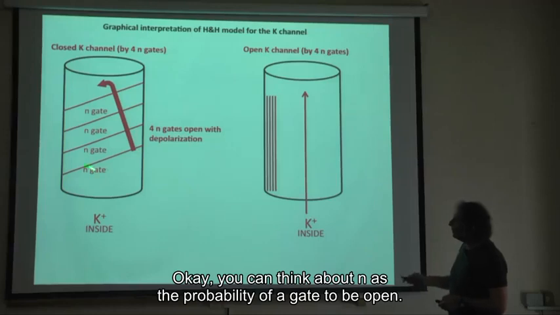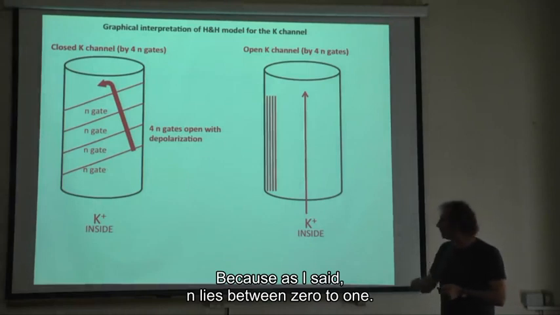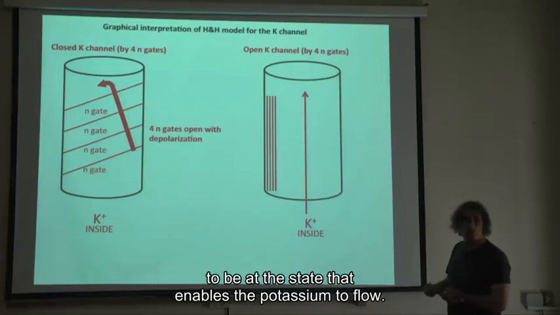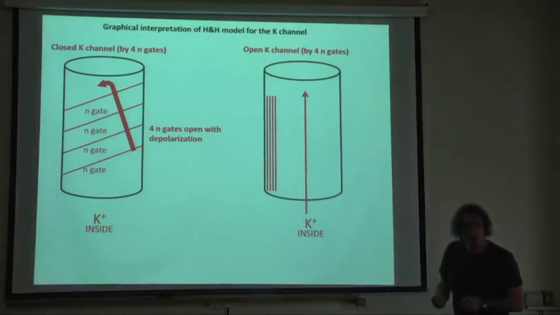Okay, you can think about n as a probability of a gate to be open, because as I said, n lies between 0 and 1. It's like probability. So you need this one, and this one, and this one, and this one to be open, to be at the state that enables the potassium to flow. There is no half-open channel.